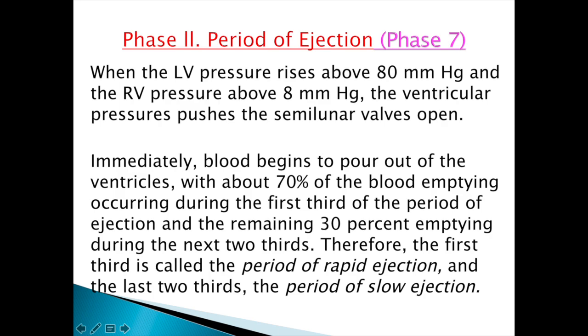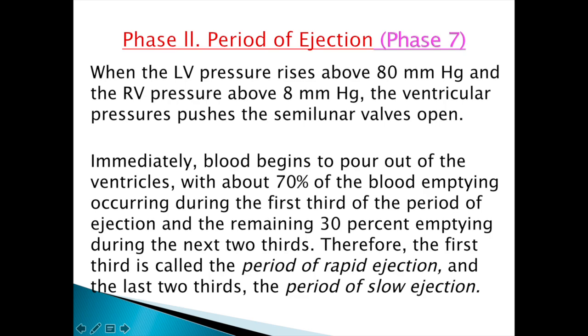So ventricular systole has two phases. One is the period of isovolumic contraction, and second, we are discussing now, the period of ejection. As the pressure increased by the isovolumic contraction, the semilunar valves, aortic and pulmonary, open, and there is a fast ejection of blood from the ventricle to the aorta and into the pulmonary artery.